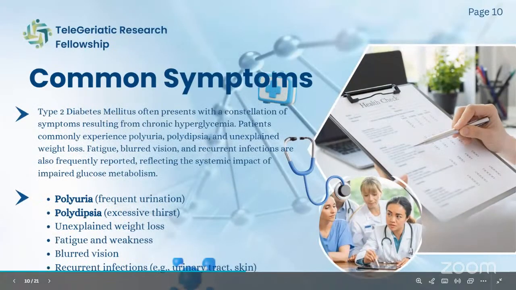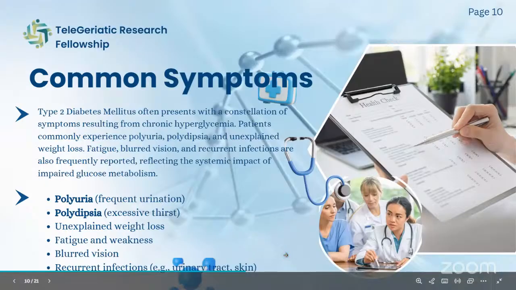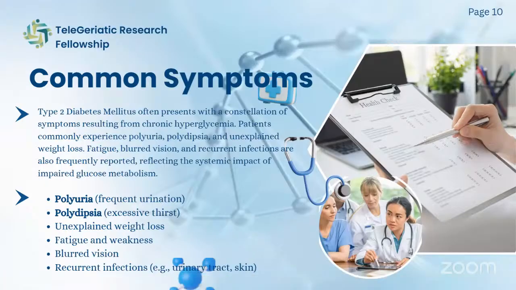Now we will talk about the common symptoms. Type 2 diabetes mellitus often presents with a constellation of symptoms resulting from chronic hyperglycemia. Patients commonly experience polyuria, polydipsia, unexplained weight loss, fatigue, blurred vision, and recurrent infections, reflecting the systemic impact of impaired glucose metabolism.